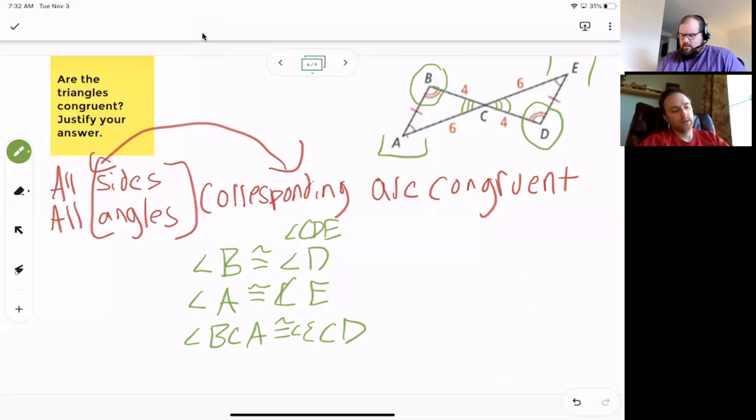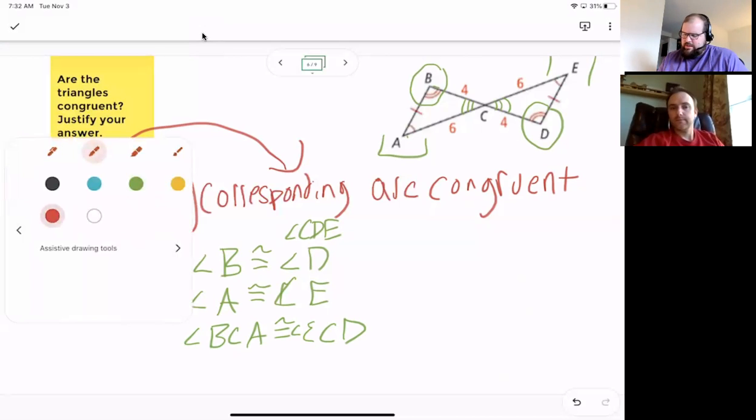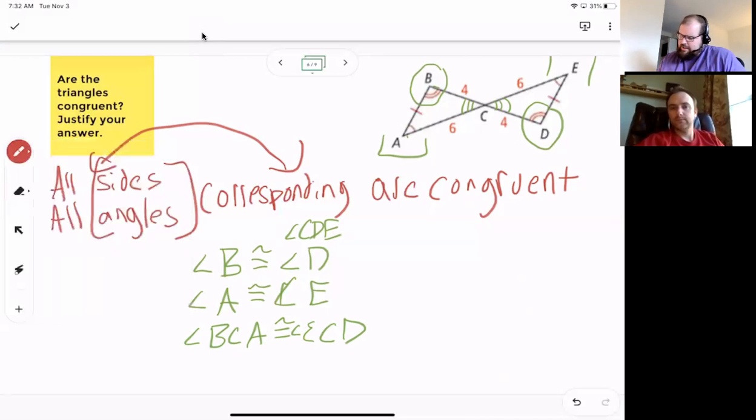Okay. I noticed some things in terms of being marked. Side AC and side CE are both 6. And if their measures are the same, therefore the segments are congruent. Technically, that's by the definition of congruence, but that's one of the silly things that we tend to obsess over as geometry teachers that we don't care about so much.